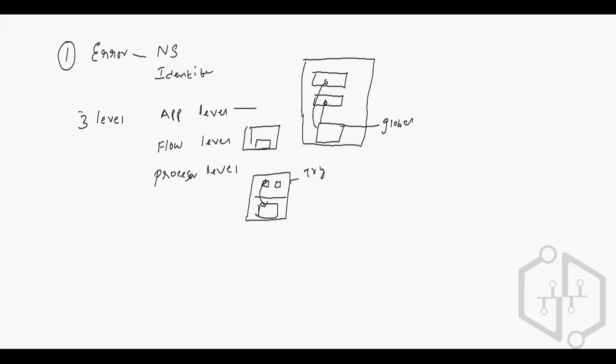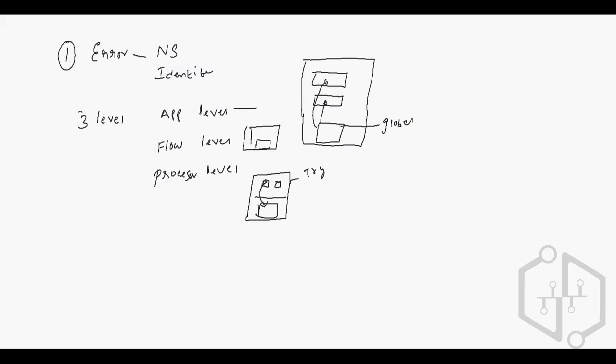Quick question. I think it's clear. You explained very well application level and flow level or processor level. I remember how you define the error handling in the flow level and the component or processor level.